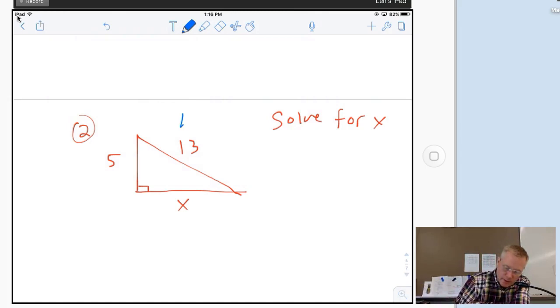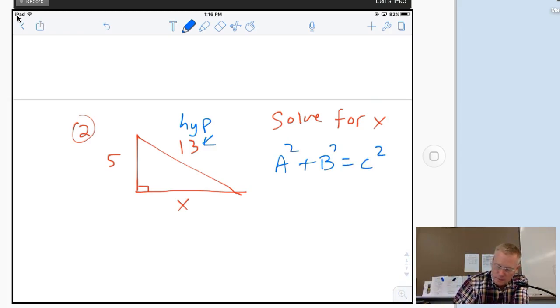This one should be the hypotenuse, the 13. So when I plug in for A, B, and C, this has got to be C, okay? If you get that right, you will get the right answer probably. If you mess that up, I guarantee you'll get the wrong one. So 13 has to go over here. It doesn't matter whether the 5 goes in for the A or for the B, just not for the C.